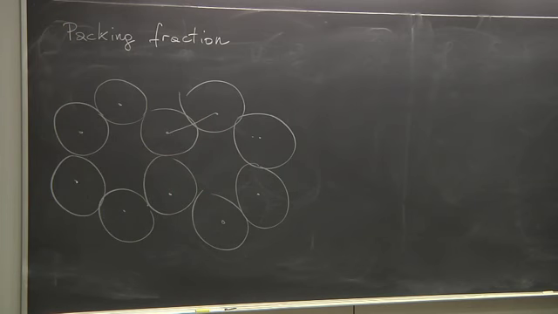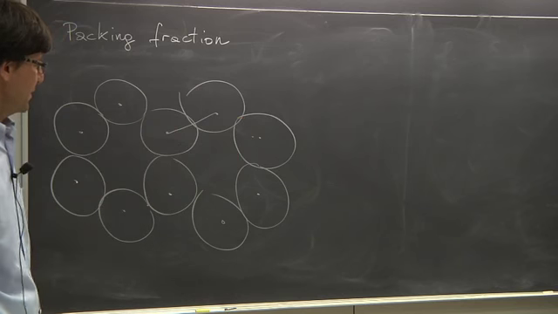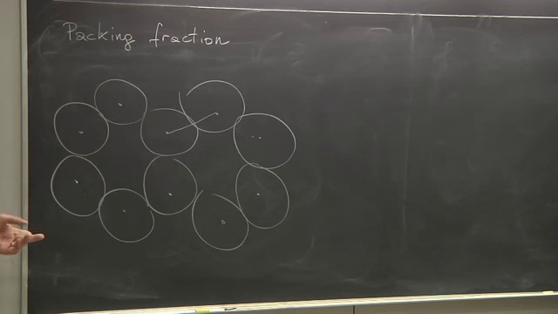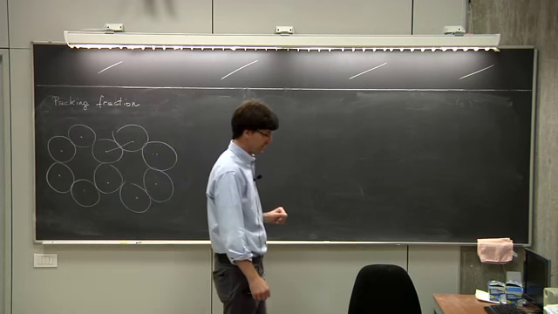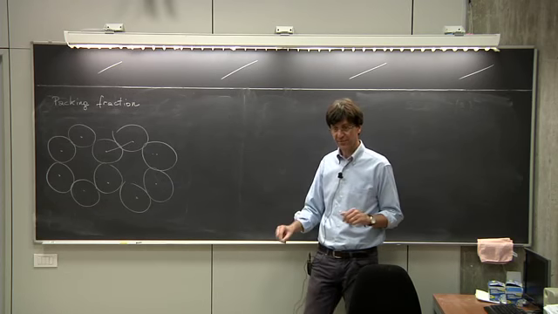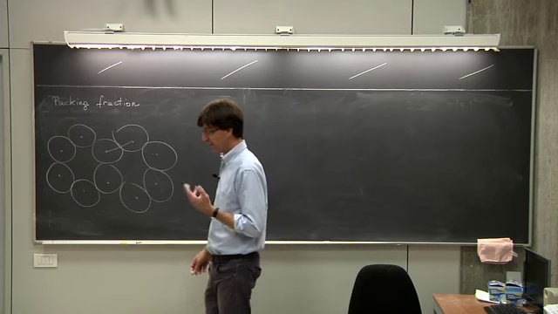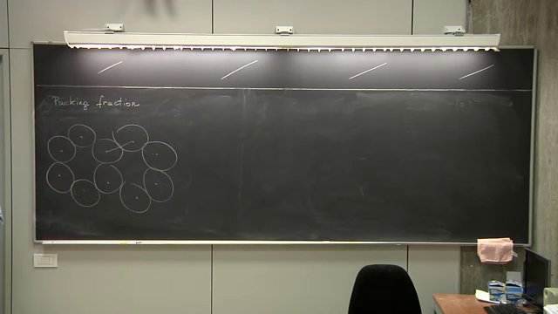How do I evaluate the ratio between the filled spaces and the empty spaces? Well, you clearly see that the honeycomb lattice is not particularly good as a way to pack spheres, okay? In fact, the only example, as we discussed last time, of a honeycomb lattice in nature is the carbon, graphene, the single graphite sheet. Now, carbon happens to be an atom which forms a very strong covalent bond.